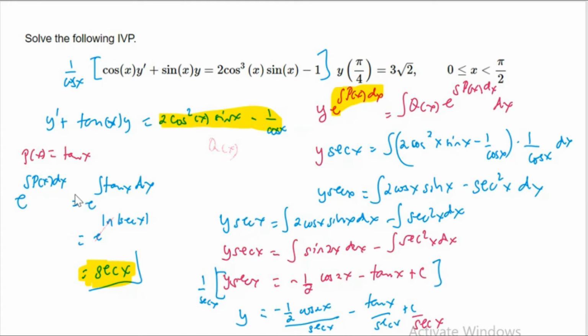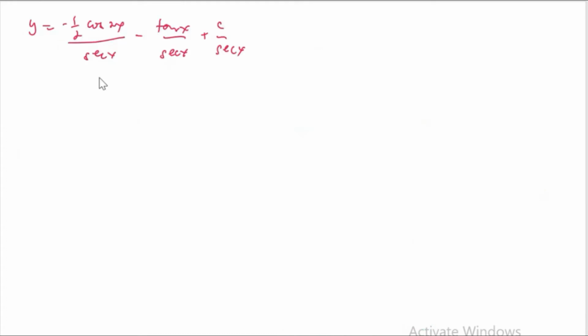Now simplifying that, since the denominator is secant x, it can be written in the numerator, but you have to take the reciprocal identity. So we can write y equals negative 1 half of cosine x times cosine 2x, minus, simplifying tangent x over secant x, all you have to do is convert that first into sine over cosine.